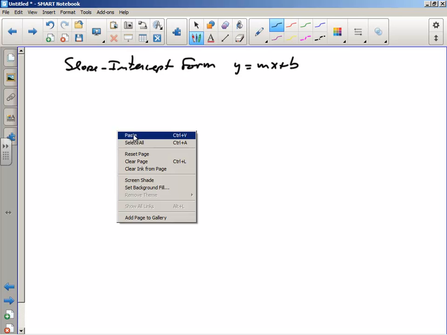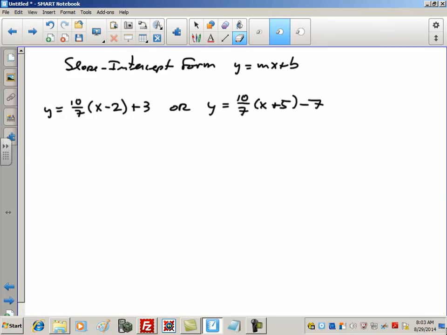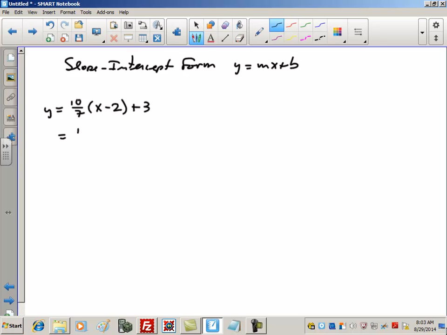And one thing I like about the way I do point slope is that all I have to do is expand things. 10/7 times x minus 10 times 2 is 20/7 plus, how many sevenths is 3? 3 times 7 is 21. So that's 21/7. Now, can you add 21 to 20? I can. What is it? This many. Right?